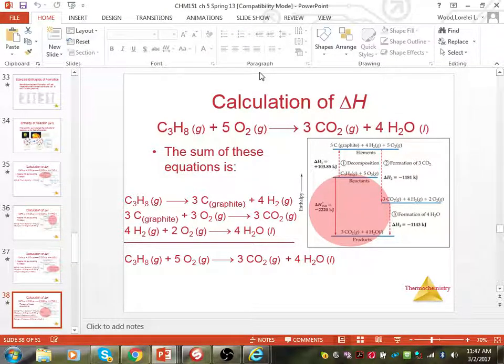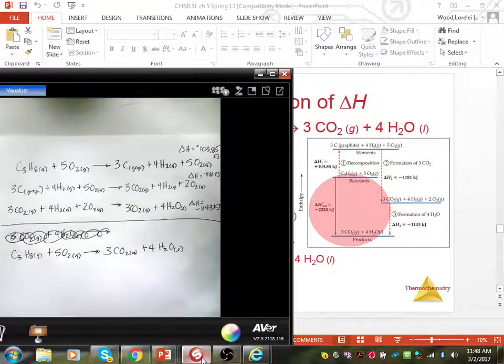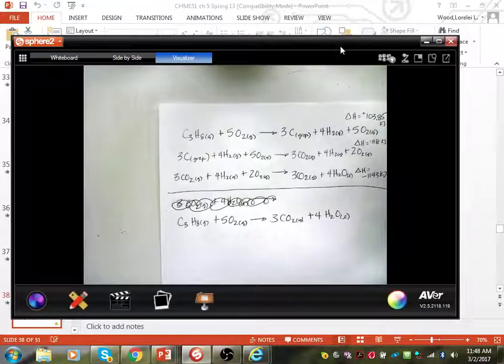C3H8 as a gas plus the 5 O2s, and I'll show you what I'm doing in just a minute, gives me 3 CO2s as a gas plus the 4 H2Os as a liquid. All right, so what that's going to look like is this. Now, I'm going to move this over because we're going to use the equation a lot more.